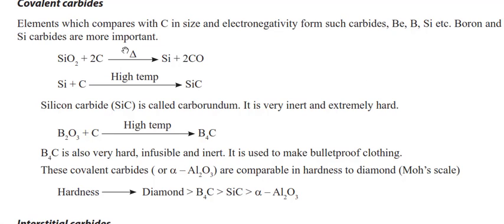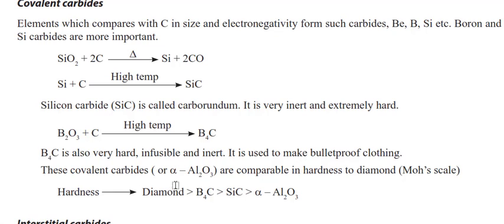Boron and silicon carbides are the most important. Silicon dioxide and carbon, or pure silicon, can react with carbon and form silicon carbide, which is known as carborundum, and it is inert and extremely hard. Similarly, boron carbide is also very hard, infusible and inert, so it is used for bulletproof clothing.